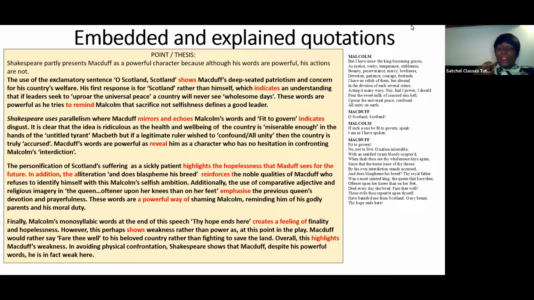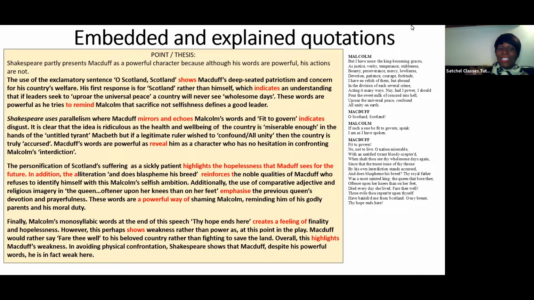Okay, let's look at the next paragraph. Shakespeare uses parallelism where Macduff mirrors and echoes Malcolm's words. Fit to govern indicates disgust. So you can see that I've tried to use words that explain the effect, and I've also used fit to govern, embedding, bringing the quotations in rather than having them separate.